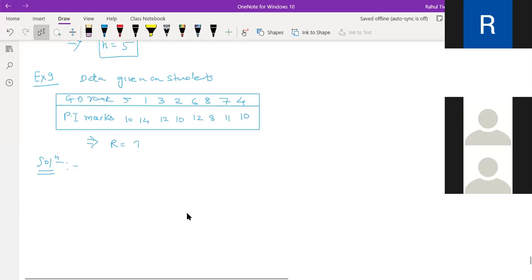GD rank we have been given, and PI marks we have been given, so we have to convert those marks into rank.